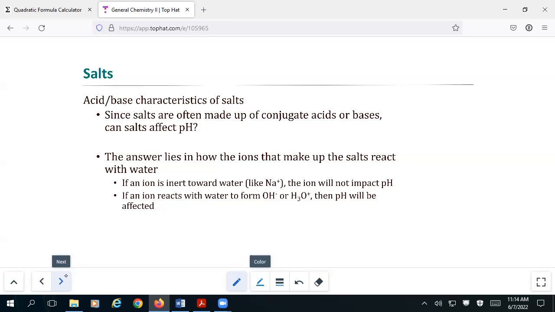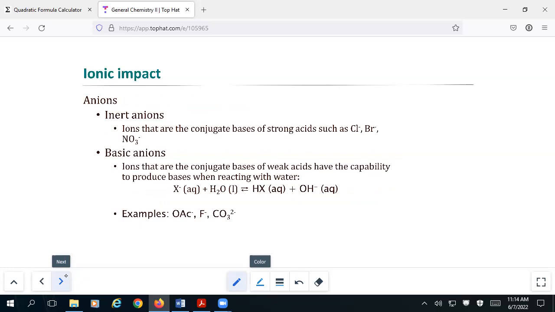So let's come back to this idea of salts. And what we want to look at in particular is we want to make sure that we have a really good handle on where the acidic and basic properties of a salt are going to come from.